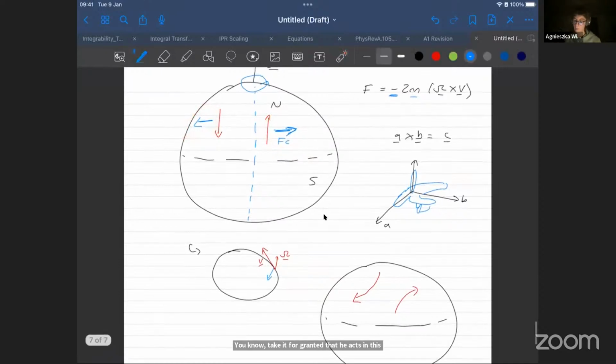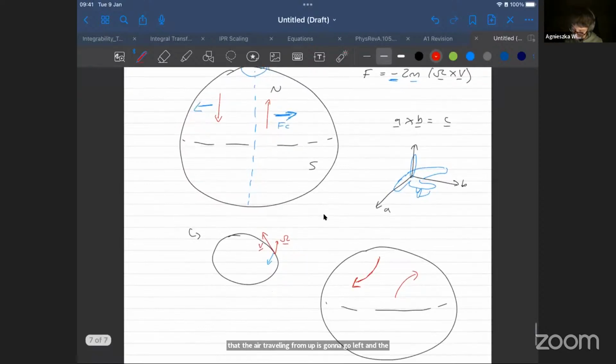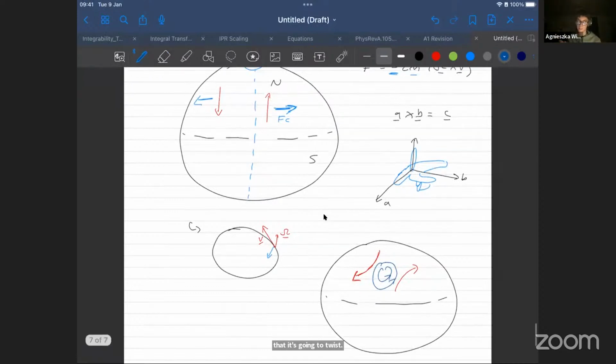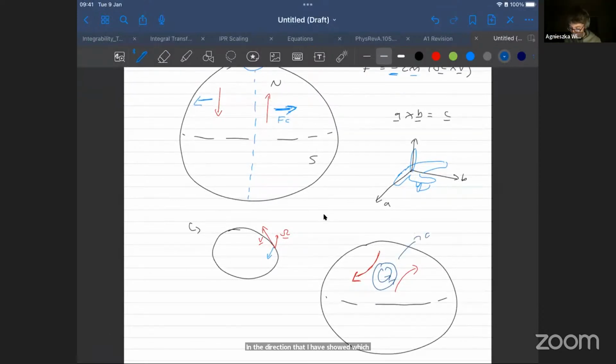But you can see that once I have the directions, I know that the air traveling from up is going to go left and the air traveling from down is going to go right. So you can see that air is going to go like this, because this air is going to go left. But if I start with some sort of hurricane, you can see that it's going to twist in the direction that I have shown, which happens to be anti-clockwise. Which means that the answer to the question would be that the hurricane turns anti-clockwise.